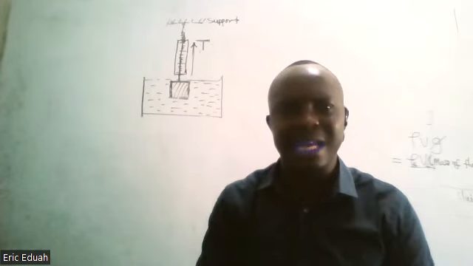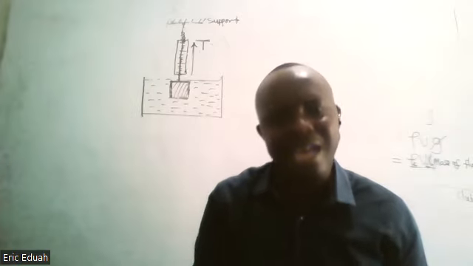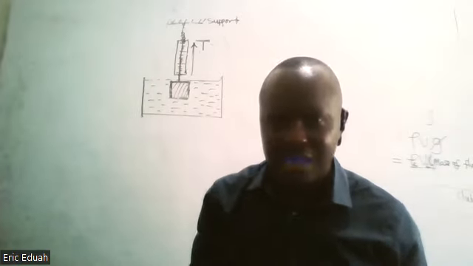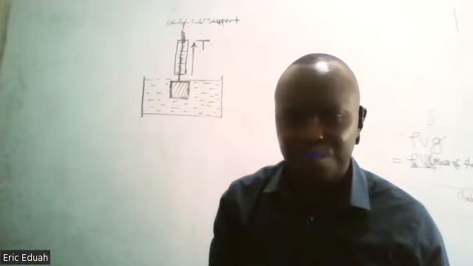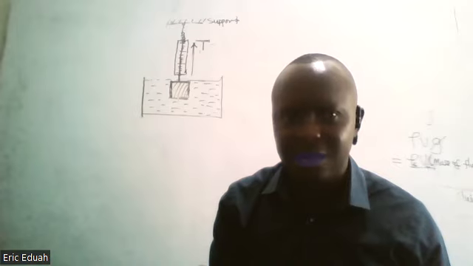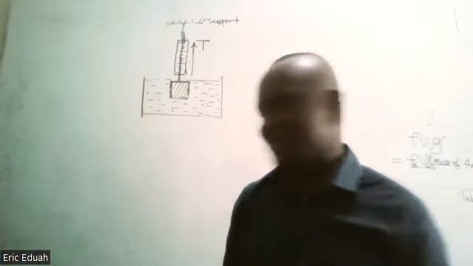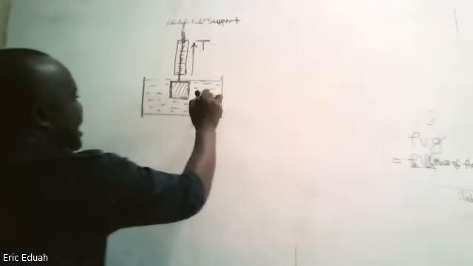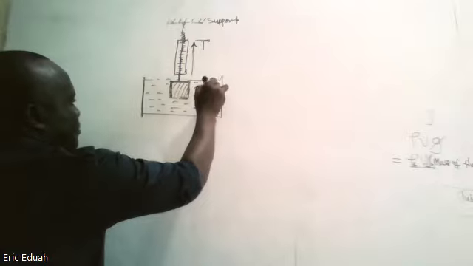That is why we say that it depends on the density. The lesser the density of the liquid, the lesser the upthrust. Is that good? So we have upthrust produced by a liquid.